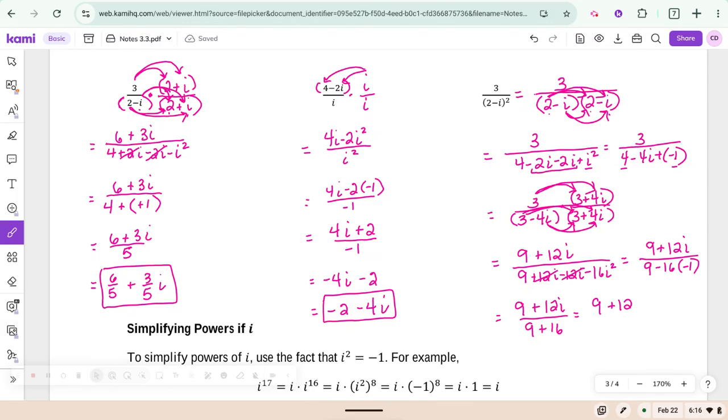Well, 9 plus 16 is 25. So I can now split this into 9 over 25, which is the real component, plus 12 over 25i, which is the imaginary component.